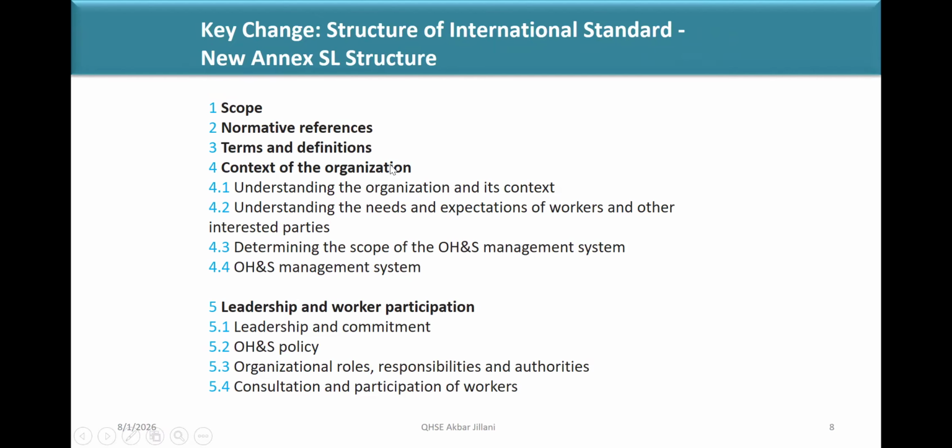It's better to talk a little bit about other standards also. Like the quality standard at this time was ISO 9001:2008. From 2008 to 2015, there were only 8 classes. And similarly in ISO 14001:2004, from 2004 to 2015, only 4 classes were there.